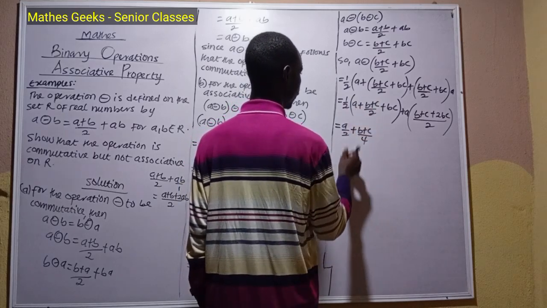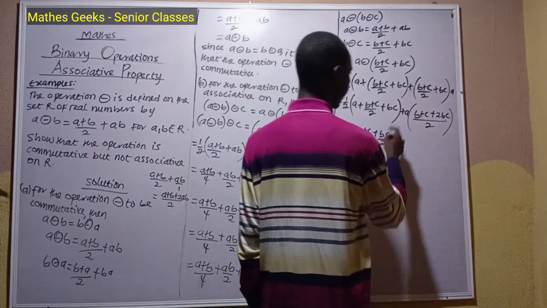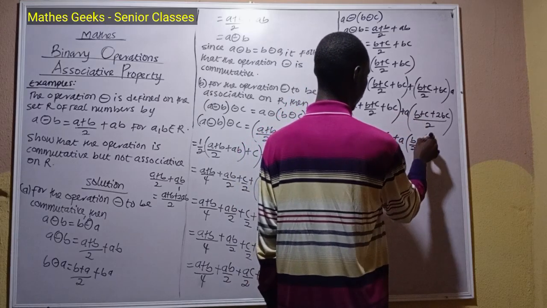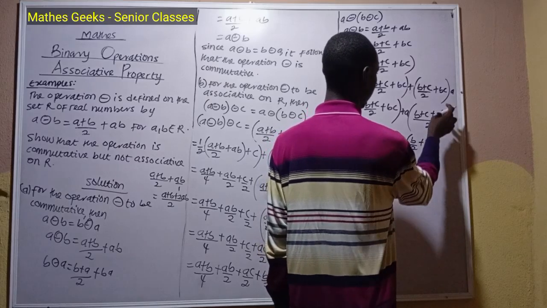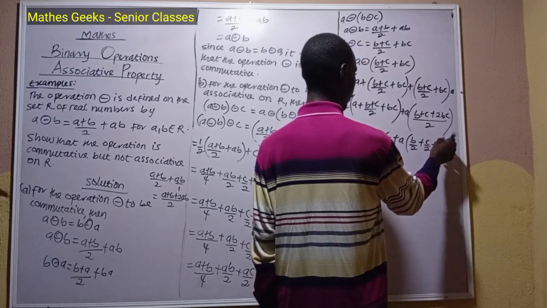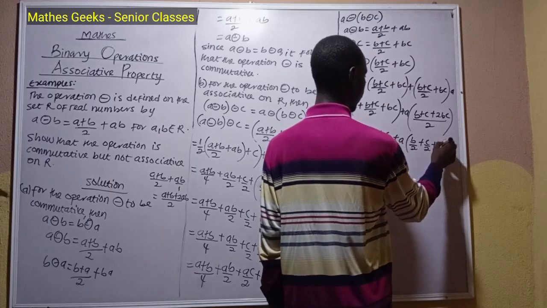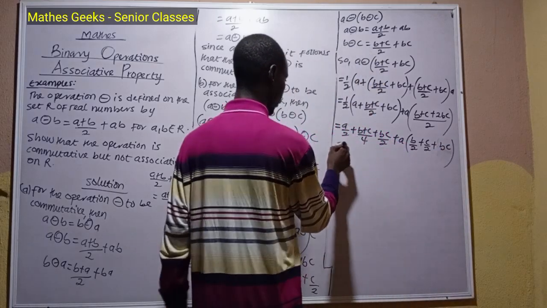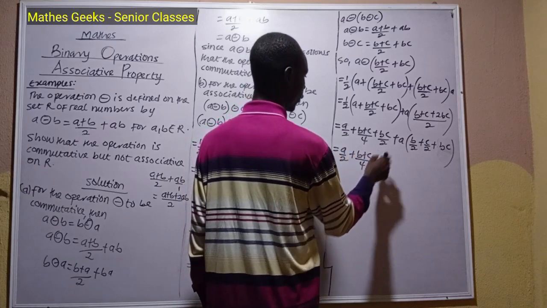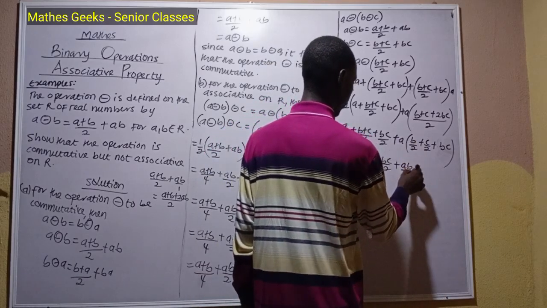2 times 2, 4 plus BC over 2 plus A times B will give me, now if this is A, B over 2 plus C over 2 plus 2 BC over 2. Remember 2 will cancel out 2. So I will just write BC. Now A over 2 plus B plus C over 4 plus BC over 2 plus A times B is AB over 2.